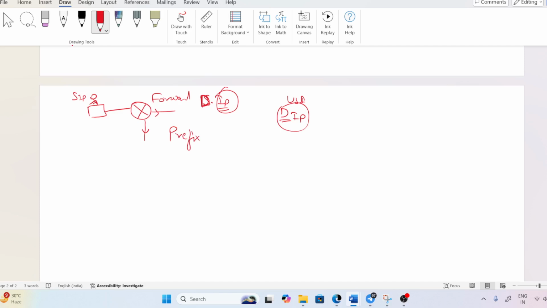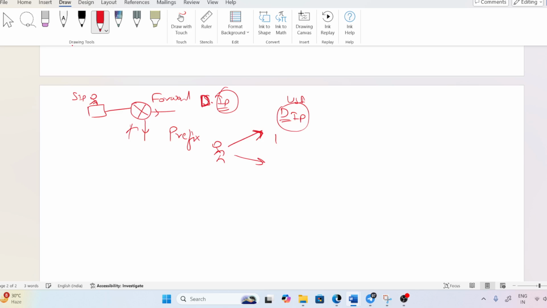Let's suppose, in layman language, there are two ways. One way goes this side and one way goes this side. Now you are standing here and you need to pick only one path. In our routing algorithm, you match with the prefix.